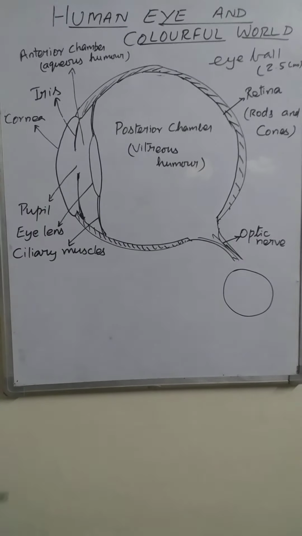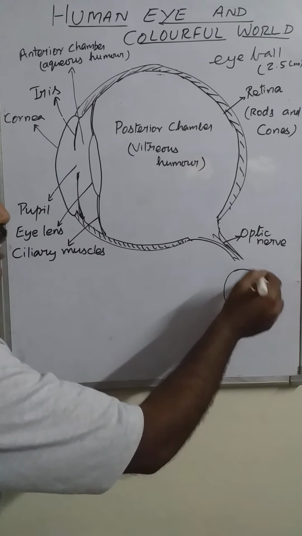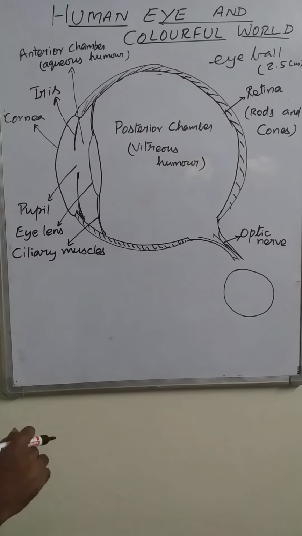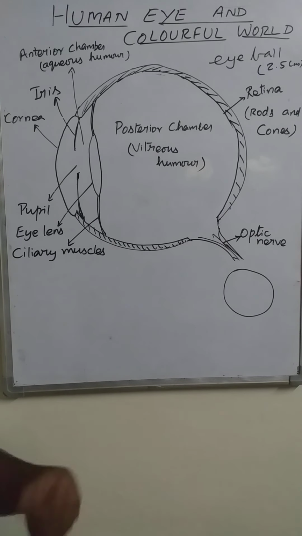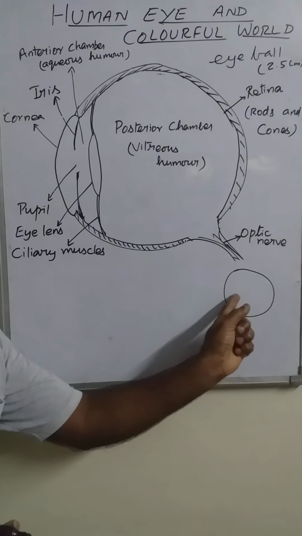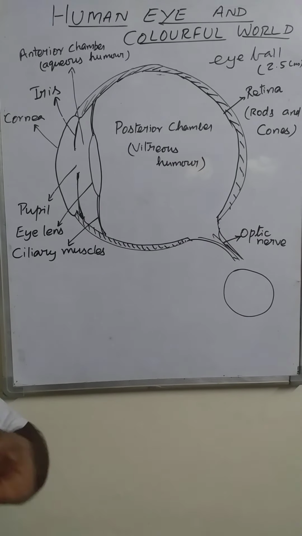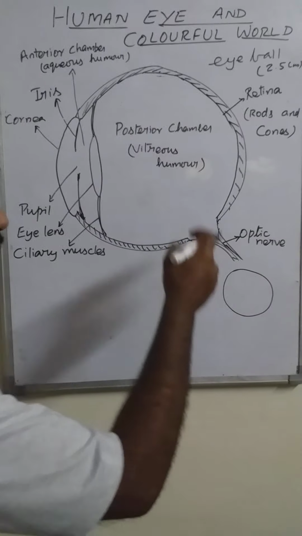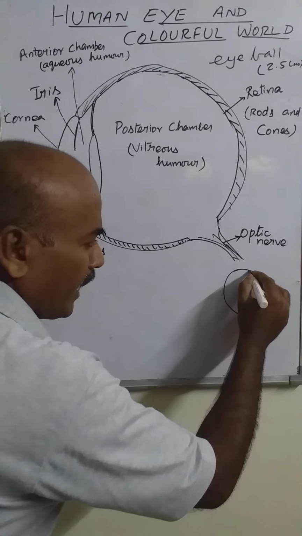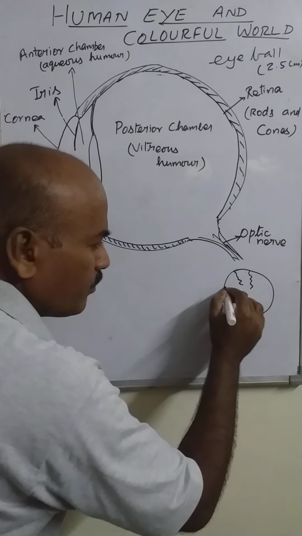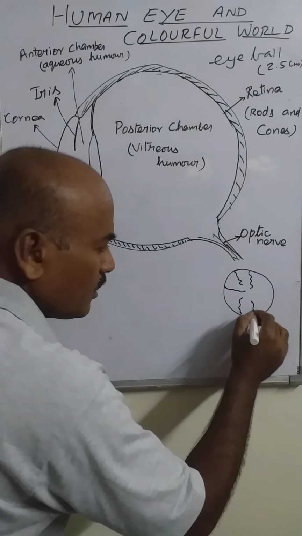And the next parts, from the circumference of this cornea, because this is exactly a circle for all persons. For some persons, if it is defective, then it may not be exactly circular. Now we are talking about the circular cornea. From the circumference, we will find some fiber-like structures.